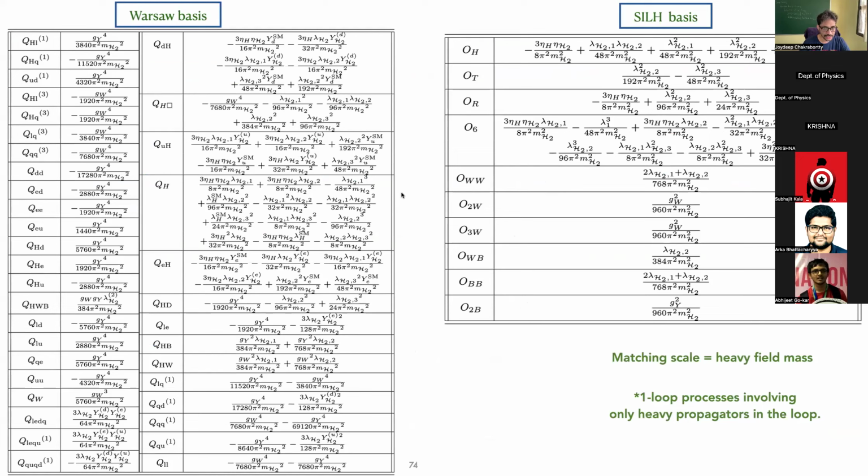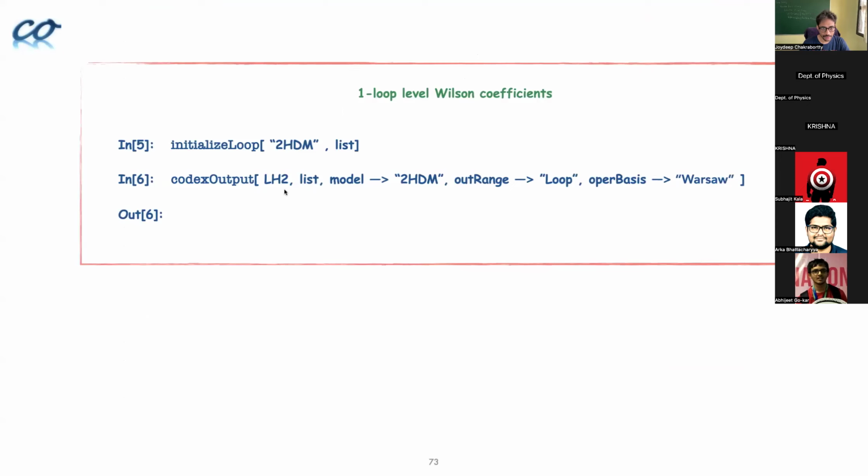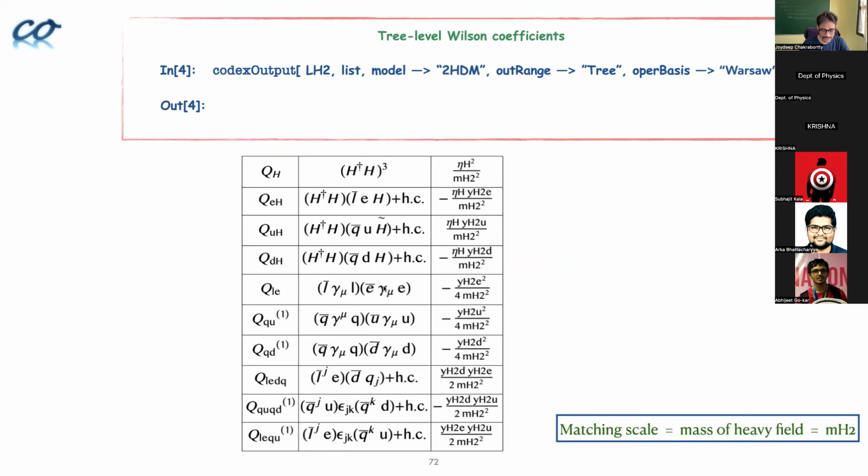And the signature, looking at the Wilson coefficient, to understand that they are loop generated is the presence of pi squared, because this is the 16 pi squared loop factor. This is the origin of that. This is a clear-cut signature that it is generated at the loop level. And this is also, remember, only those loops where we have only the heavy fields. Okay. So now you can see initially we have only these many operators at the tree level.